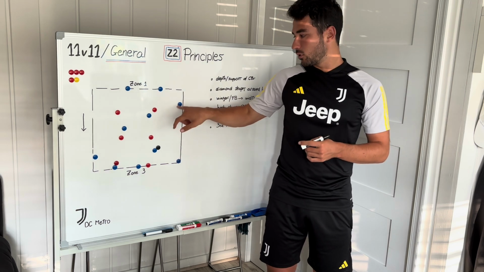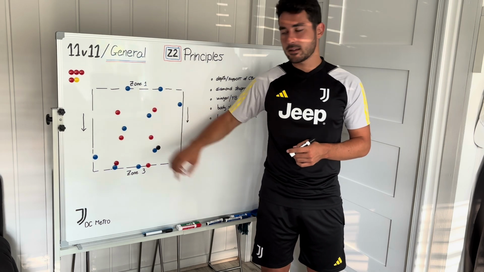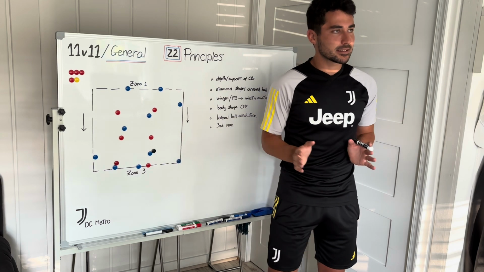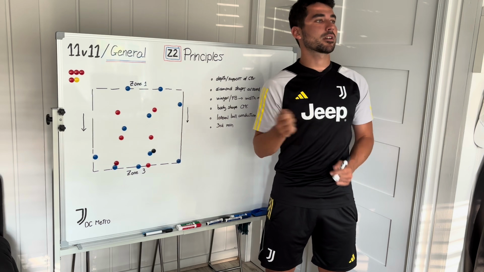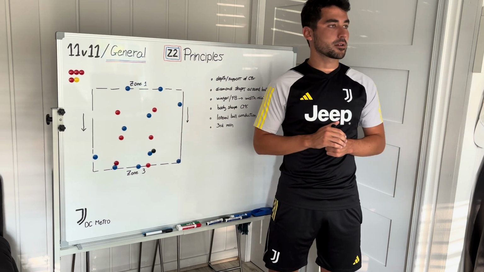Again, fullbacks, center backs, midfielders, and number 10 are paying attention to the way that they're positioning their hips so they can receive on the half turn and go forward.